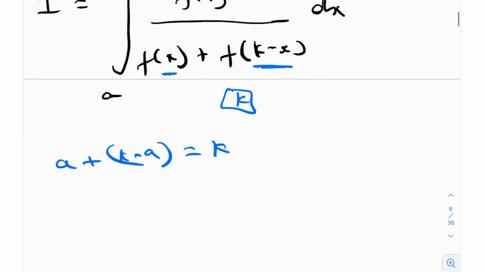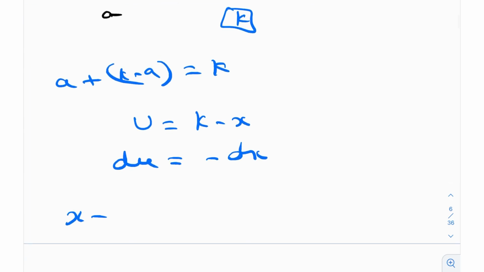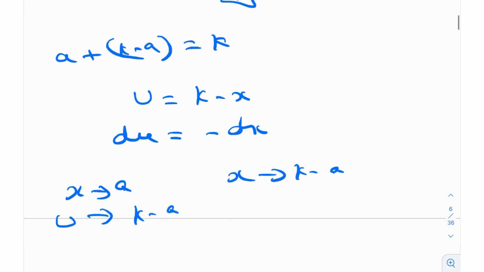And evaluate by just a simple u substitution. So you take u equal to k minus x. So du therefore becomes negative dx. Then we figure out the limits. When x tends to a, u would tend to k minus a. And when x tends to k minus a, which is the upper limit, u would then tend to a.